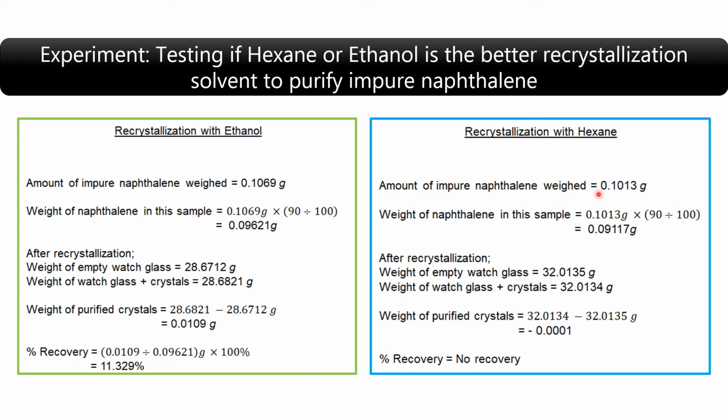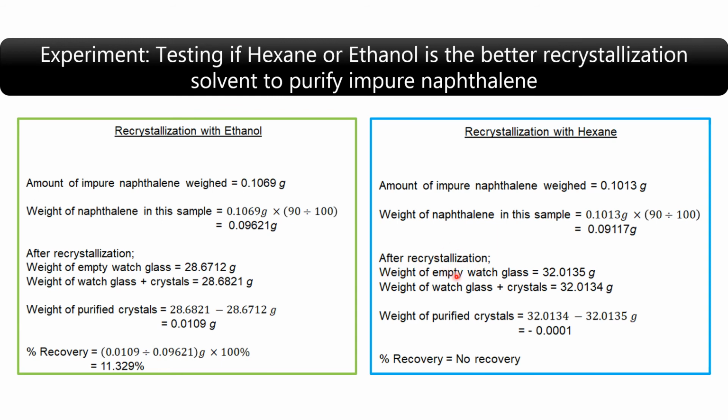So this was the amount of impure naphthalene weighed for the trial with hexane, and 90% of that is this much. So that's the amount of naphthalene we estimate was in the initial sample.